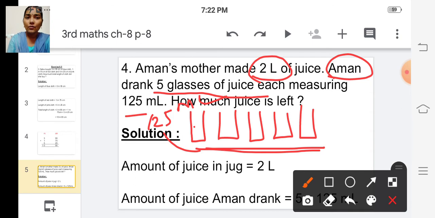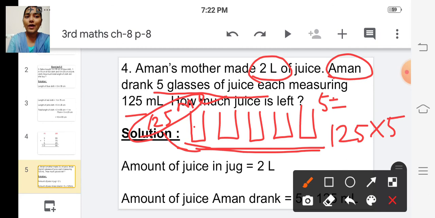We have to multiply 125 into 5, then we will get the amount of juice Aman drank. Then we have to subtract that amount from the total amount, 2 liters.